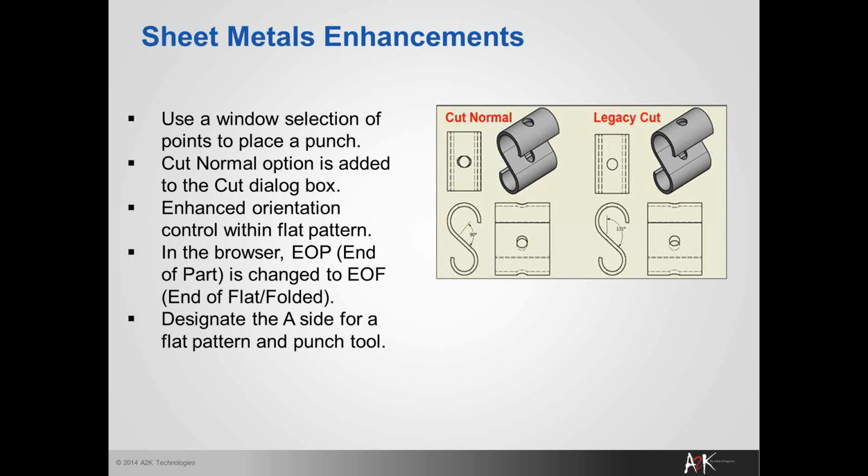Okay, not a massive issue, but certainly nice to see that it's not written like a normal part file anymore. And the ability to designate the A side for a flat pattern and a punch.